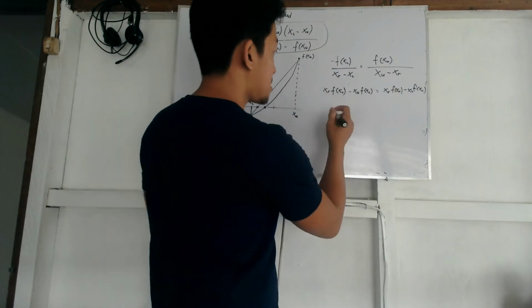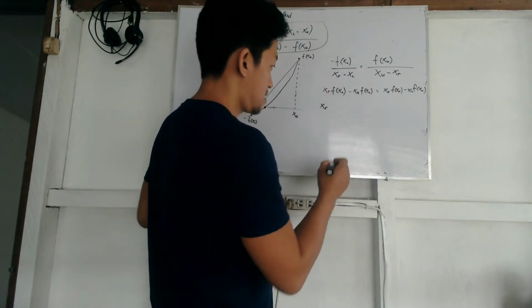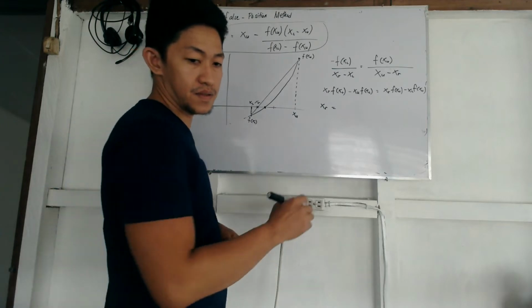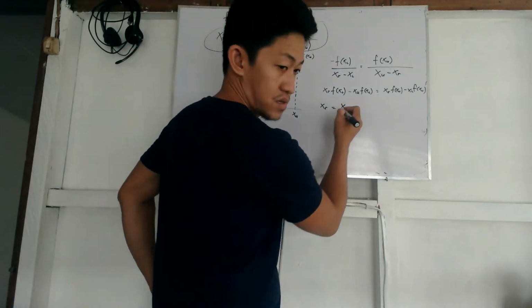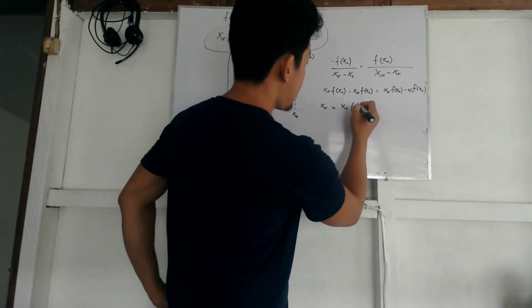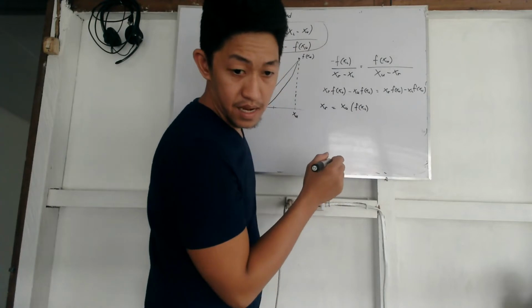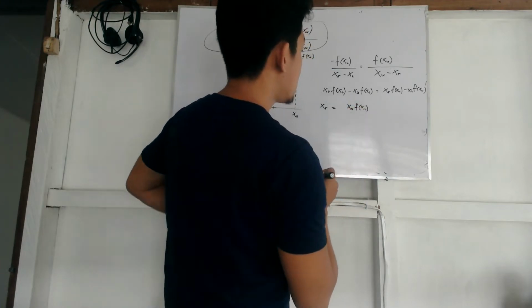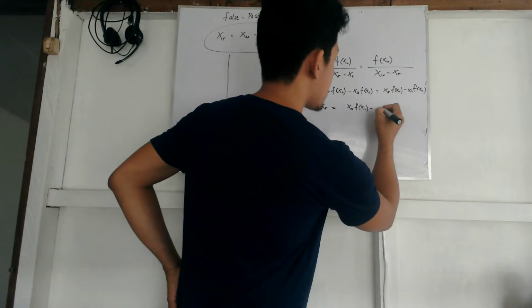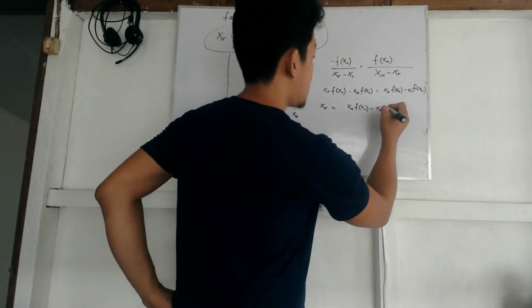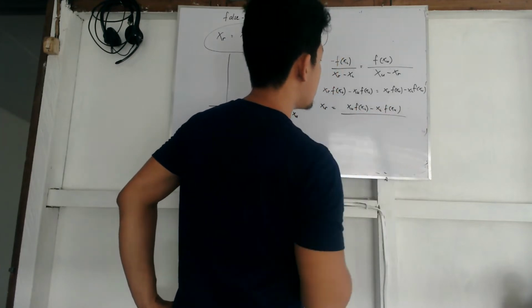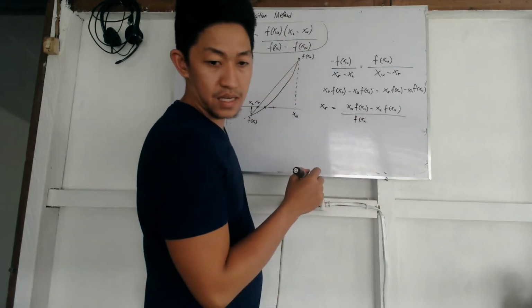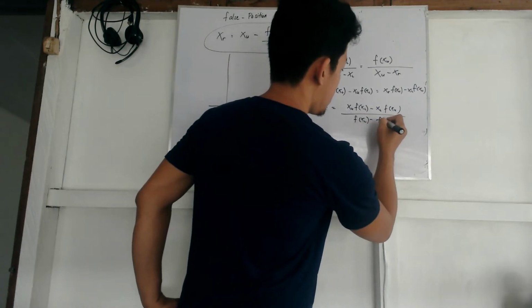Collect the XR terms, so you will have XR times f of XL minus f of XU is equal to XU f of XL minus XL f of XU, divided by f of XL minus f of XU.